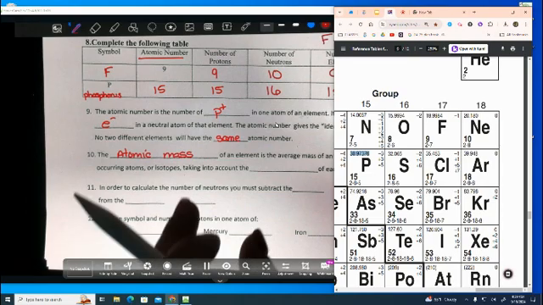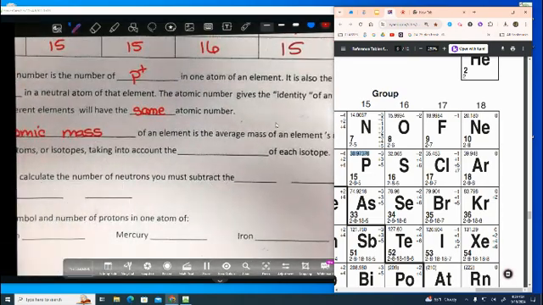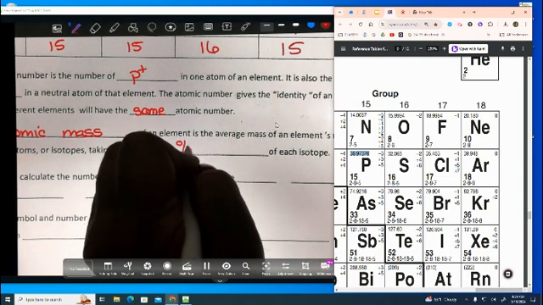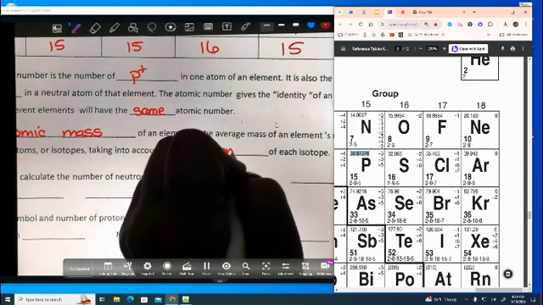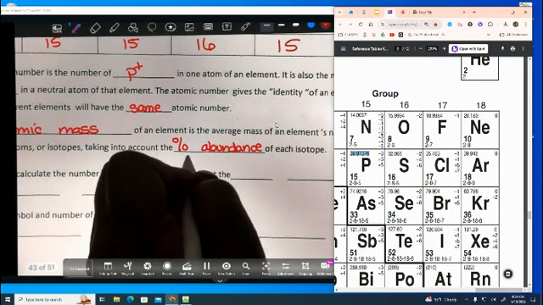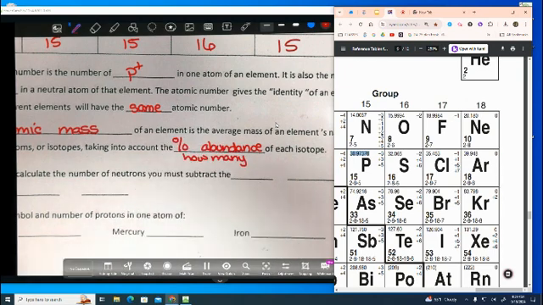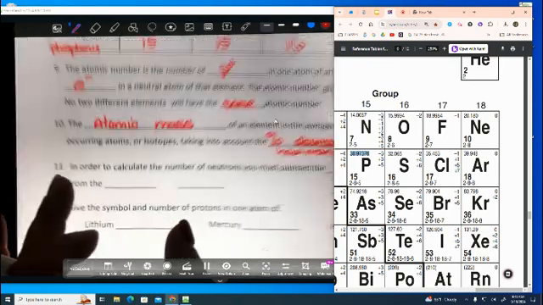Taking into account, a couple words we can use here, we can use percentage, we can use abundance, we can use how many of each isotope. Obviously, whatever you have the most of is what your average is going to be closer to. And that's why we can just round this and we can get a mass number.